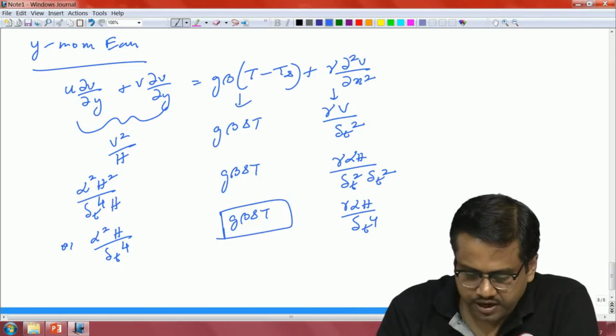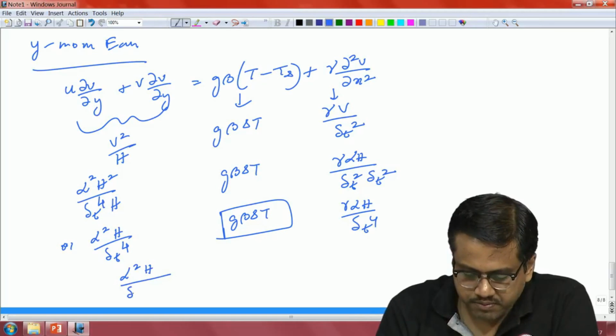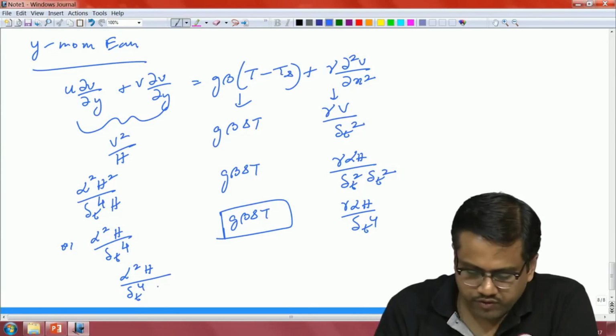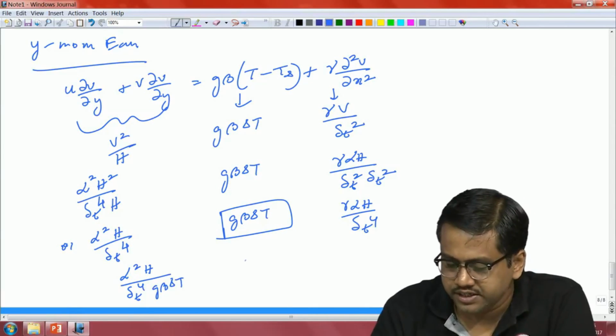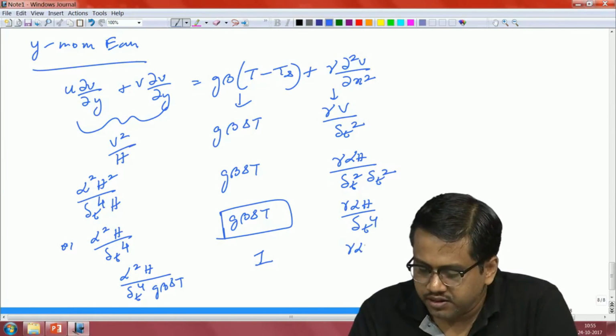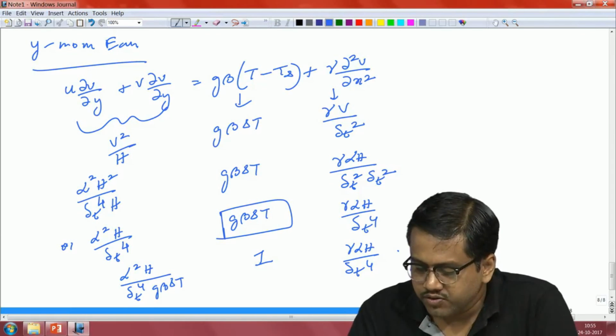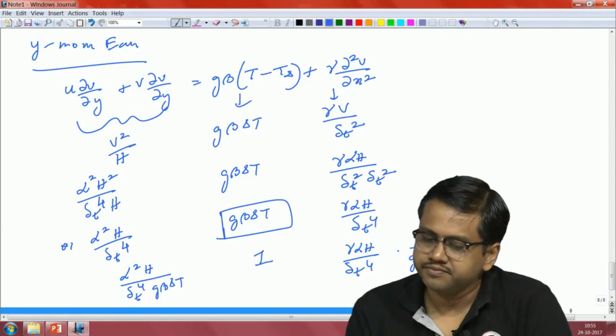If we divide everything out by this, we will get alpha square h by delta t to the power of 4 g beta into delta t, which will be 1 now, order 1, then gamma alpha h by delta t to the power of 4 into 1 over g beta delta t. Got it?